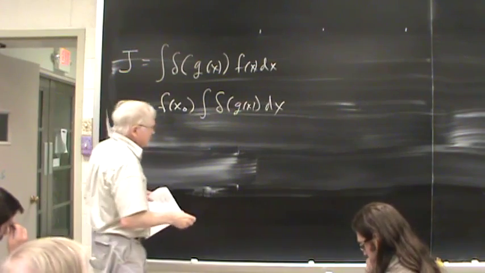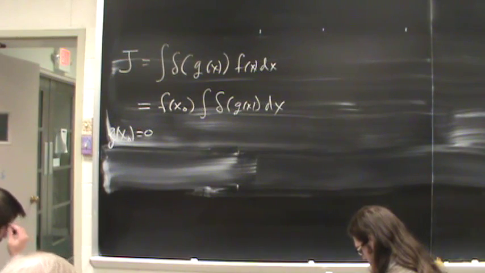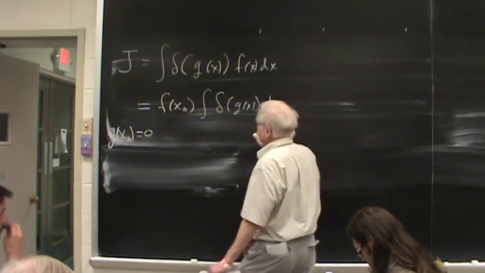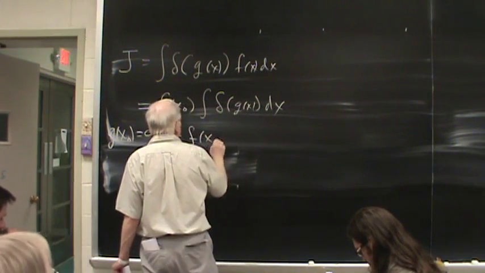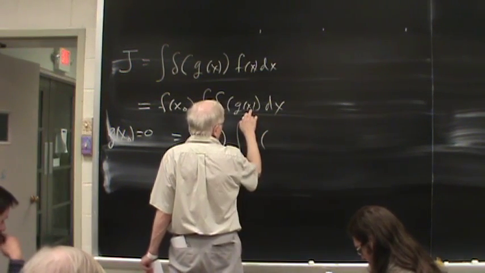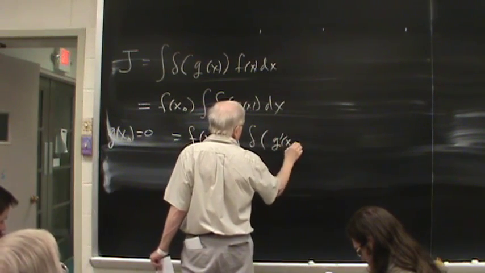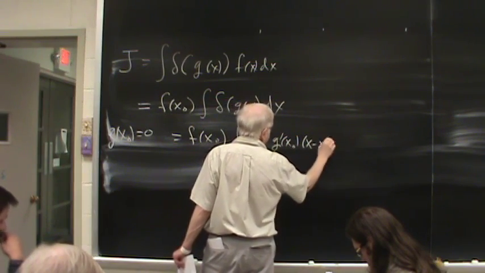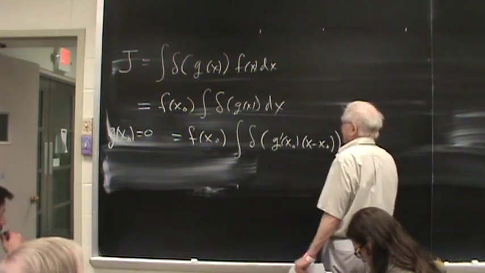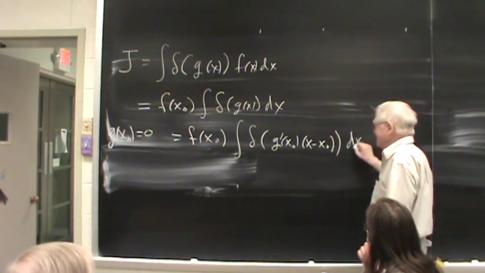Now, also, whenever we are talking about Dirac delta functionals, we are talking about nice functions. And so this thing is f of x0 integral delta of, and this effectively is g of x0, which is 0, plus g prime of x0 times x minus x0, plus higher order terms that we forget about because it's the physics department and we don't care about anything that's not leading order.